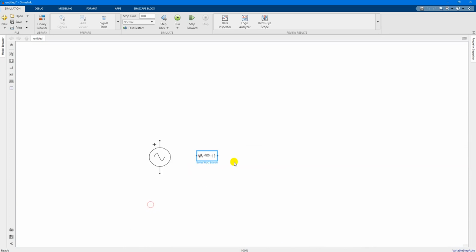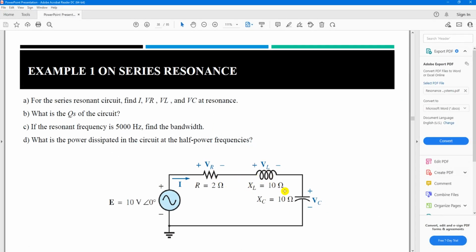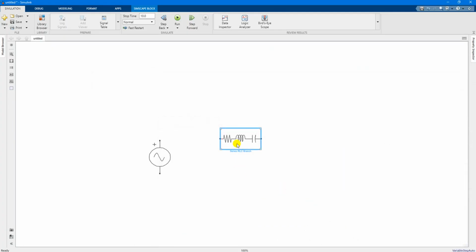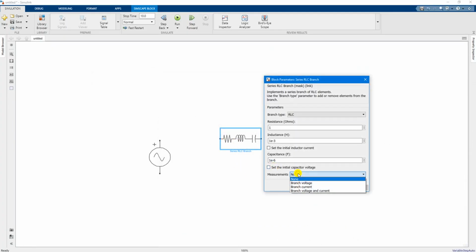You can see this one: resistance, inductance, and capacitor, as we need here. However, if you double click here and try to take the measurement, you will see that it takes only the branch voltage between this point and this point, and the branch current.